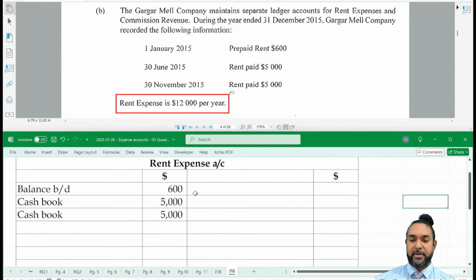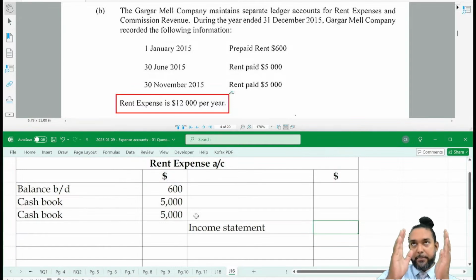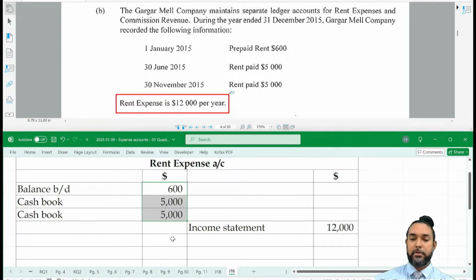The rent expense figure is the income statement figure, or the rent incurred. Income statement and incurred both start with inc. That's 12,000.